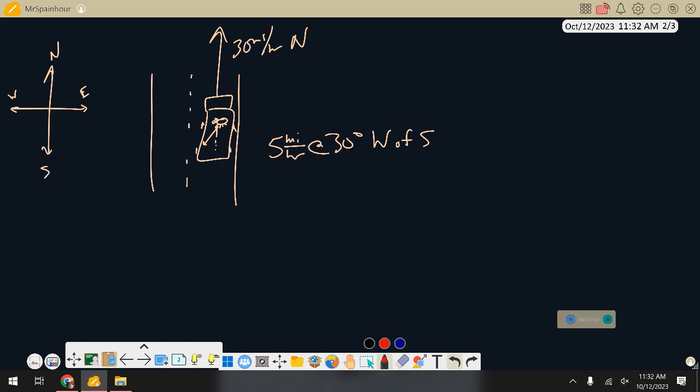Now, the reason I say west of south and not directions that you're probably a little bit more used to is that in the context of this problem, this makes more sense. It makes more sense than saying, hey, I'm going 30 degrees to the right or left. So what this really means, if you laid it out on a grid, is you start from south and you measure 30 degrees west.